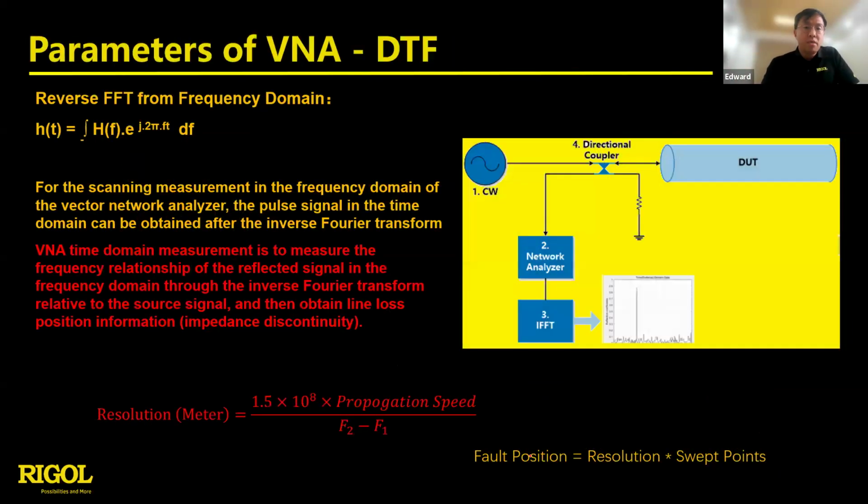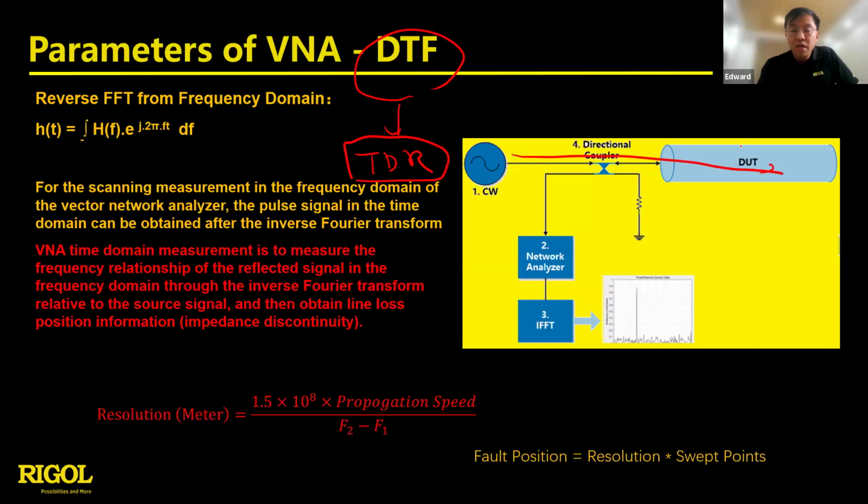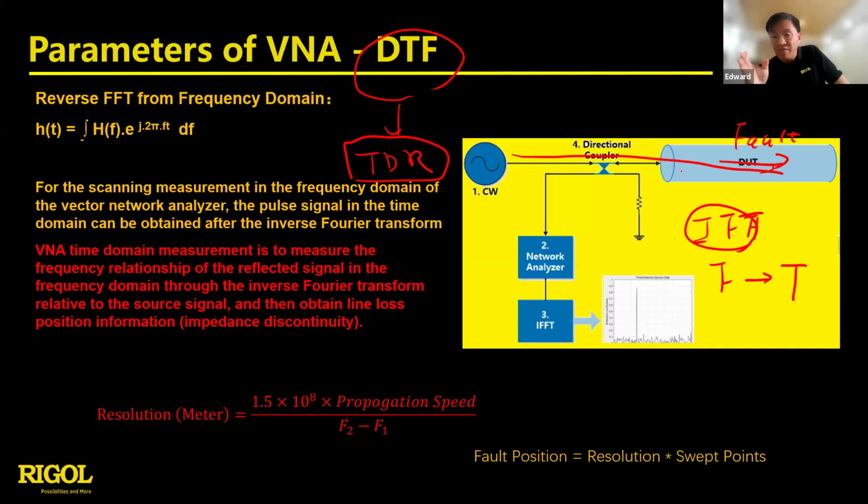Okay. That one is the inverse Fourier transform, that is the distance to fault. That's also called TDR, because if we want to use this one to check for the cable's fault distance, we can use the inverse Fourier transform, right? To get from the frequency domain back to the time domain, so we can verify by the time domain signal behavior.